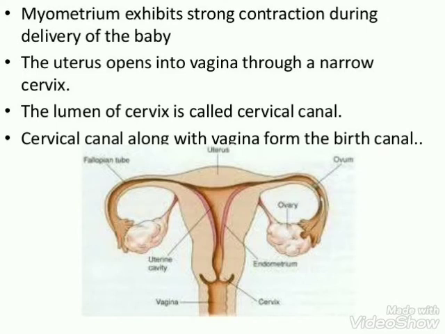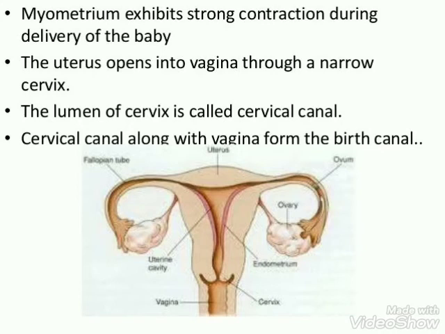The wall of the uterus has 3 layers of tissue. The outer is the perimetrium, middle is the myometrium, and inner is known as the endometrium. Perimetrium is the outermost thin covering of the uterus wall.